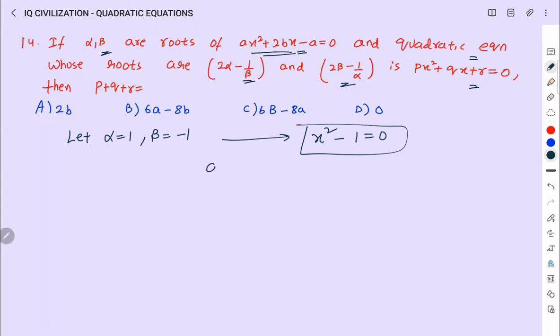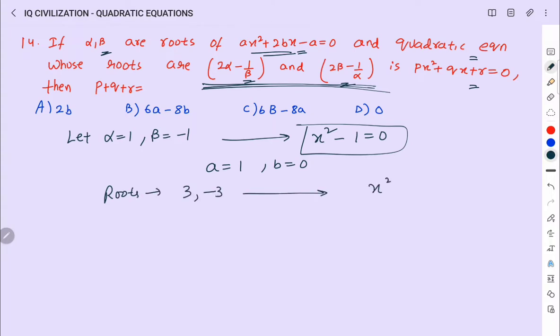So from that I will get a value as 1 and b value 0. So again the roots of this second equation, alpha value 1, beta value minus 1, just substitute in that. So our roots of the second equation becomes 3 and minus 3. So from this again I will get an equation, x square minus alpha plus beta into x plus alpha beta, that is nothing but 0. So therefore p and q and r equals to minus 8.